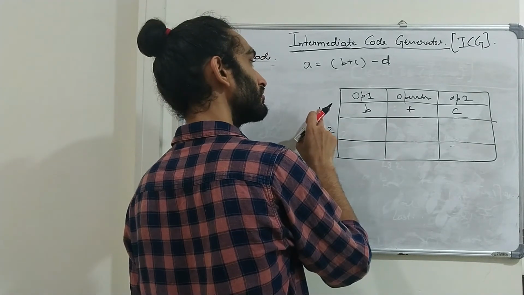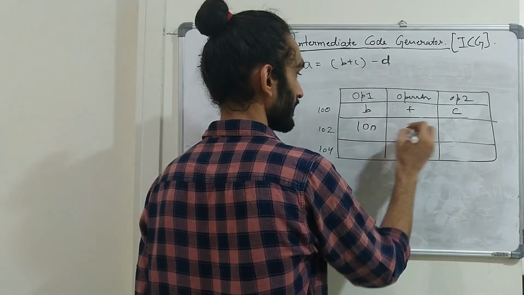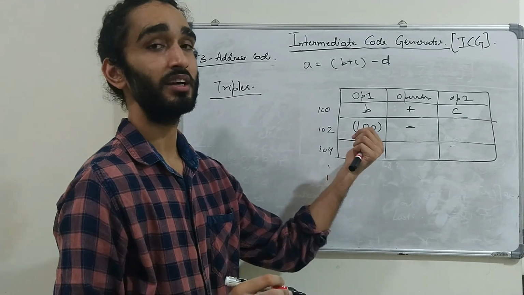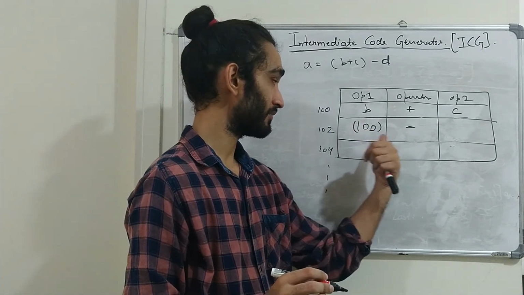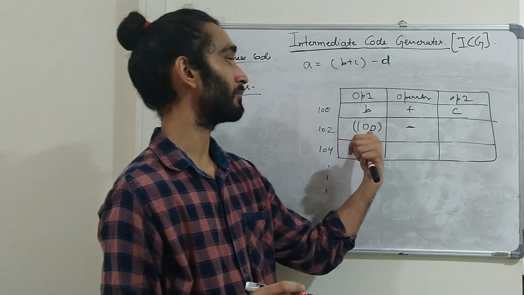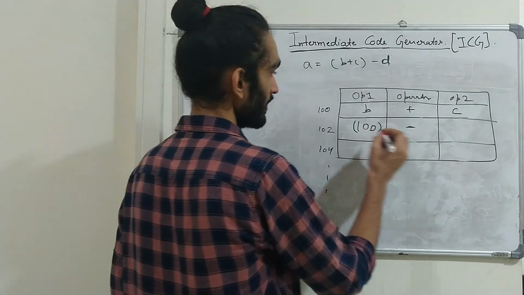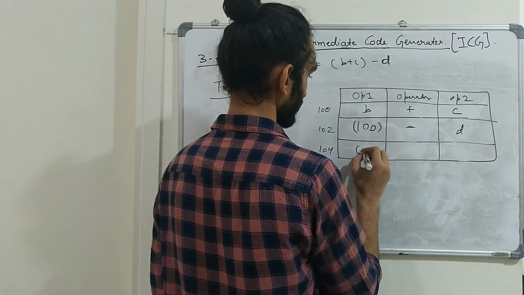So if I want to use this, what I am going to use is 100 as an intermediate address, right? So you have studied this also in computer organization. So if I'm specifying this as an intermediate address, that means it contains some value that needs to be used here. 100 minus D.